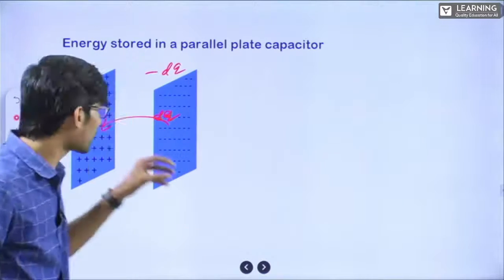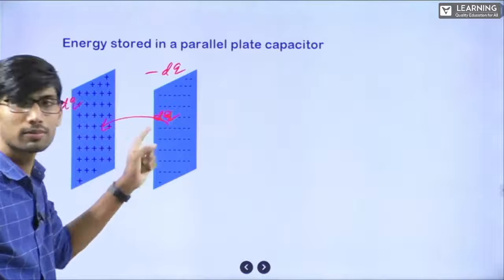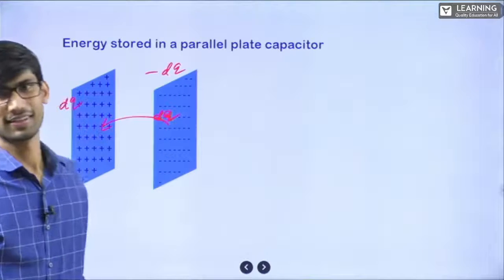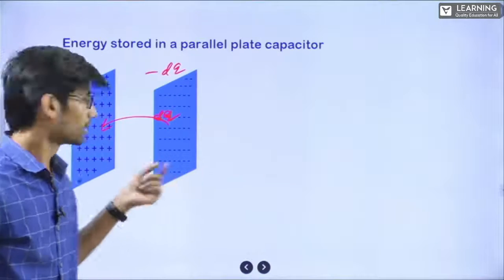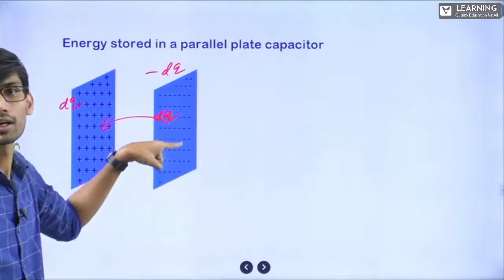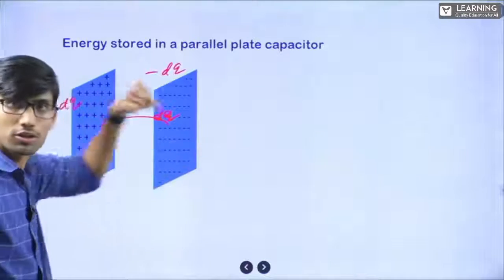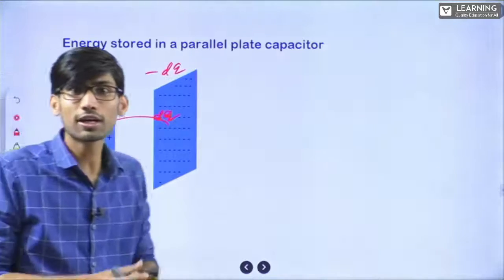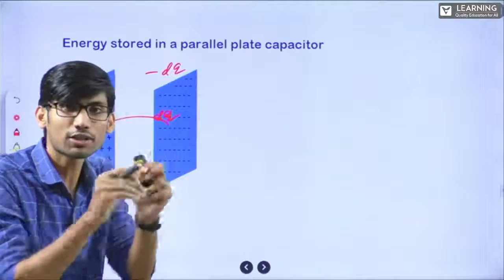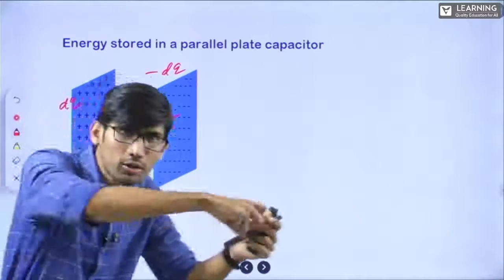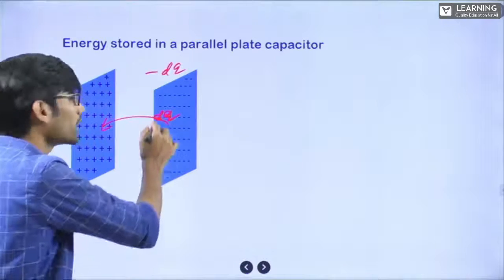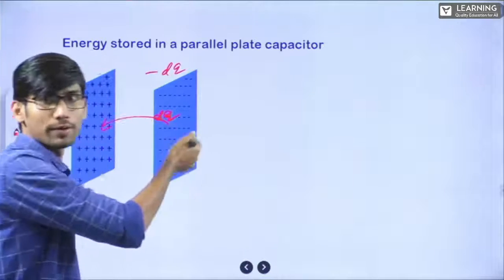Now if I want to take one more dq from this, will it be easy or hard? It will be difficult. This is already negatively charged. I am trying to take out the positive charge from that. Negative charge will keep on attracting the positive charge. It will hold it like anything. So more work has to be done, right?